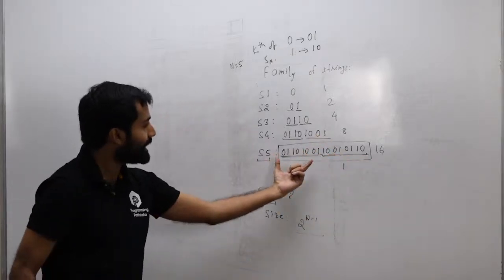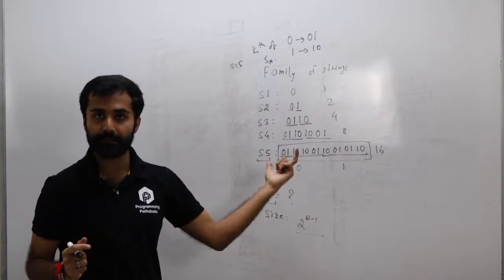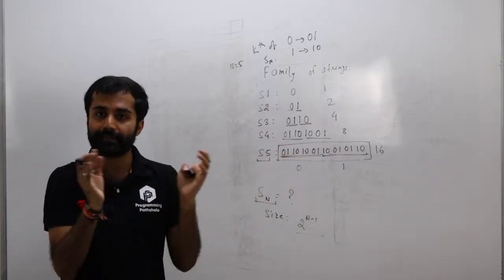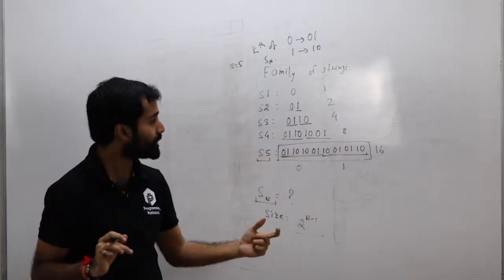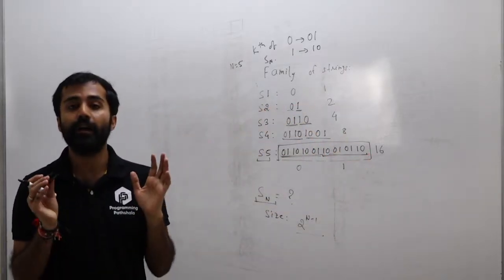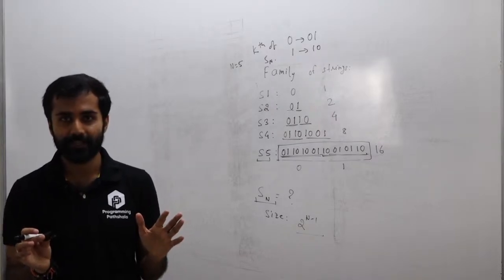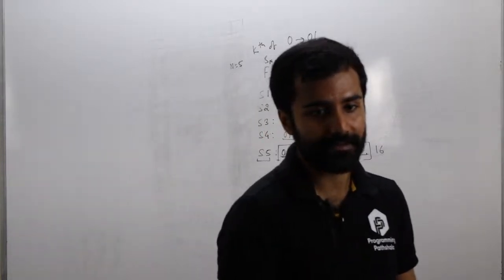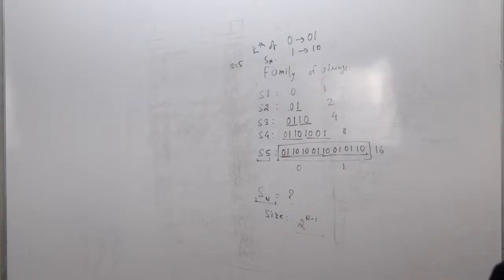So I can say that the left half of your string is actually going to be the expanded version of 0, and the right half of your string is going to be the expanded version of 1. Is this point making sense to everyone? You can just say yes or no.